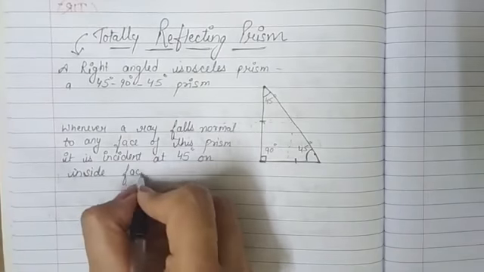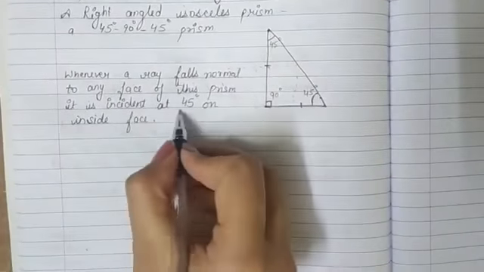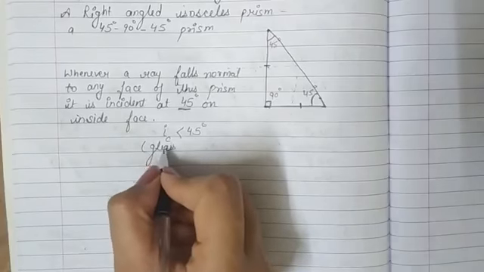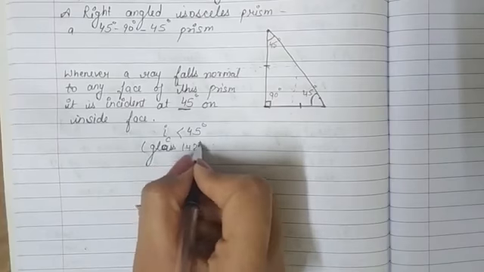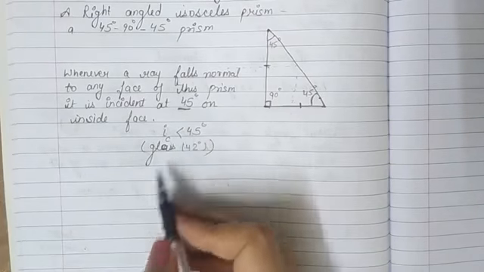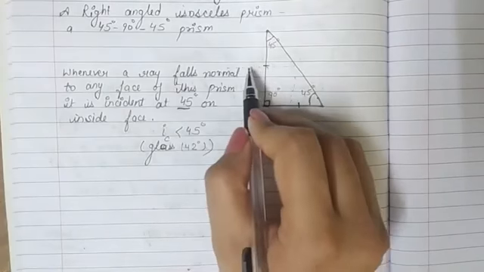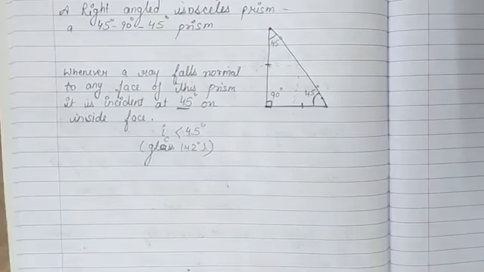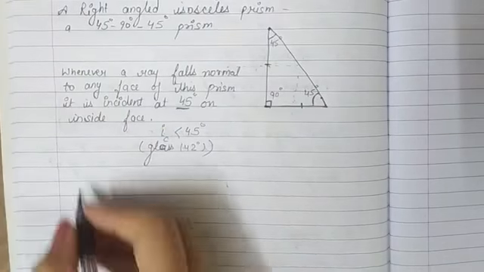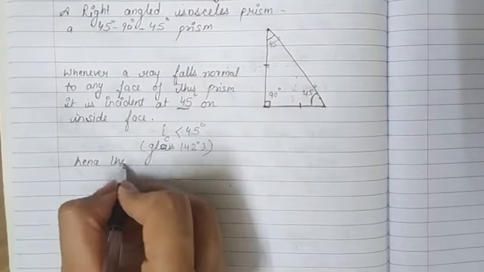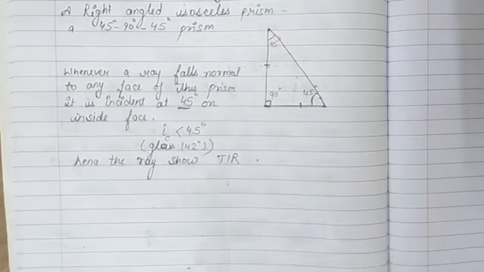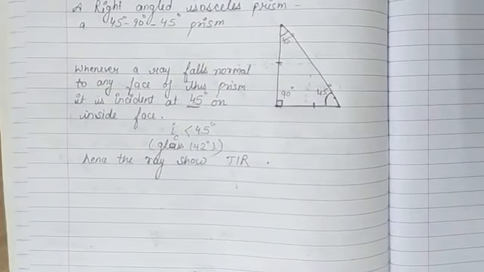Now the significance of this 45 degrees is that this angle is greater than the critical angle for glass. For glass the critical angle is 42 degrees and the value of the angle we have is 45 degrees. It means the ray which is incident on this surface at 45 degrees will undergo total internal reflection instead of refraction. Hence the ray shows total internal reflection.